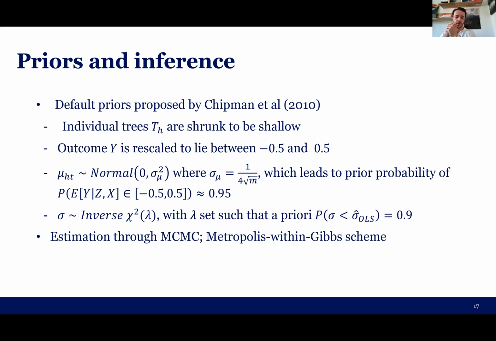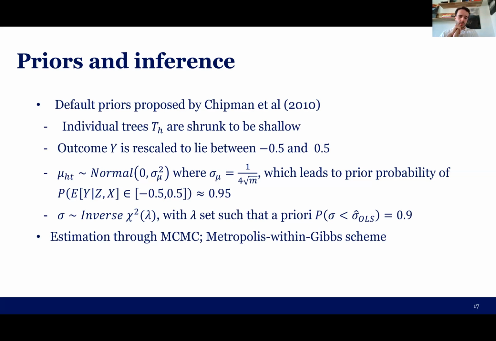The more trees you have, so the higher m is, where m is the number of trees, the more aggressively that leaf parameter will be shrunk towards 0. I think that makes sense, because if you have more trees, then clearly each of these trees should contribute a bit less to the magnitude of the outcome.